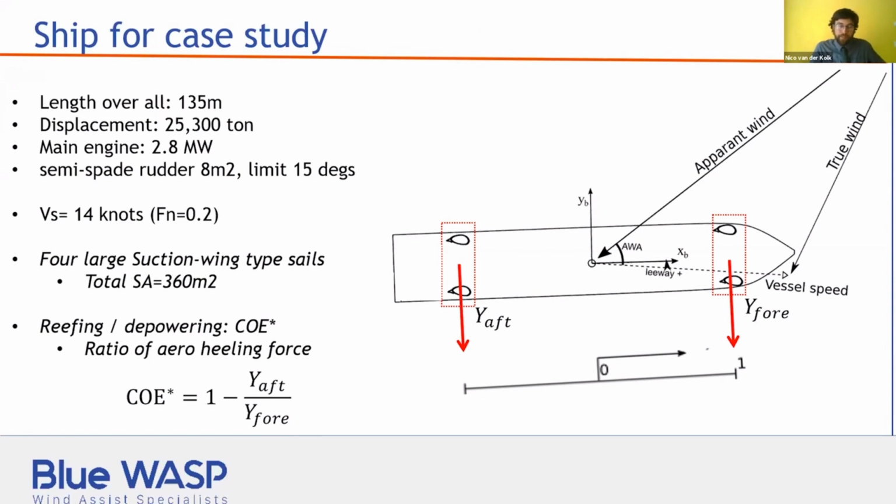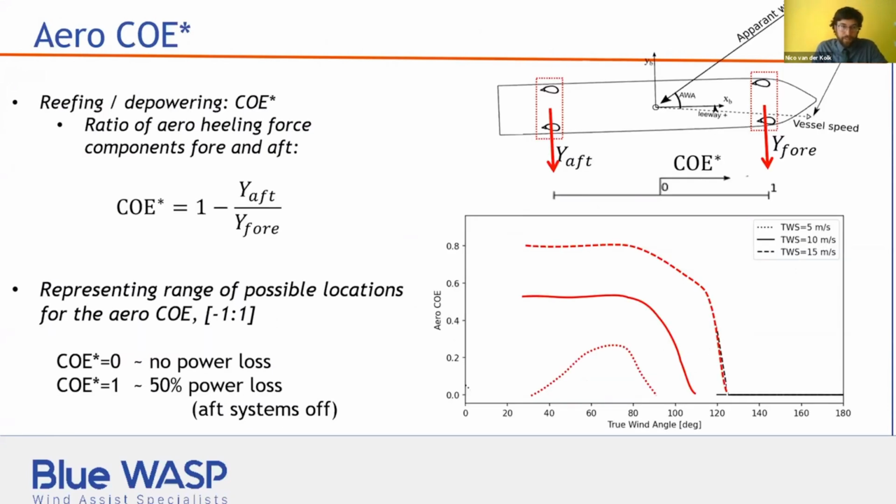As you see here, it's simply the ratio of the aft and the foresails. And this parameter is, for one, representing the range of possible center of effort locations. And then if you look at it in another way, it represents also the depowering possibilities. If you look at the definition, if the center of effort is located at 1, then the aft systems are off, so it represents a 50% power loss.